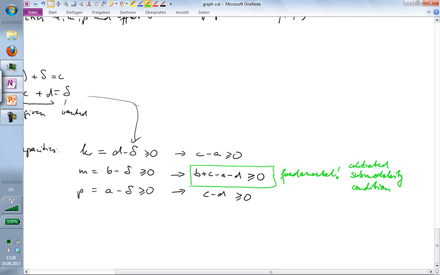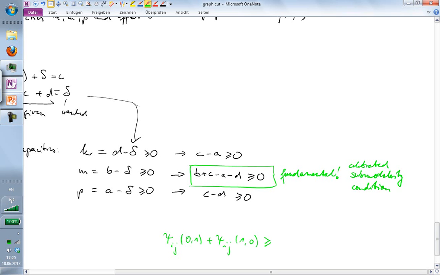Or to write it out in its full glory, remembering what B and C and so on were. B and C were the off-diagonal terms. So this is phi ij of 0, 1 plus psi ij of 1, 0.